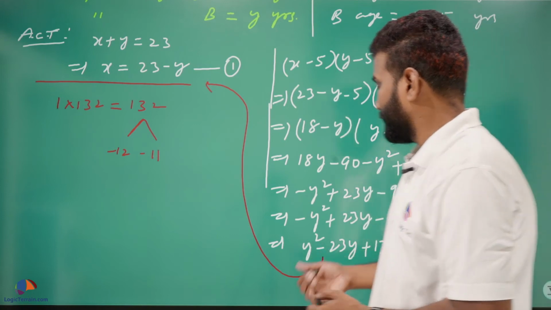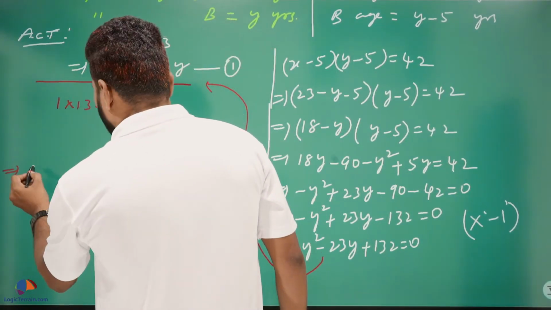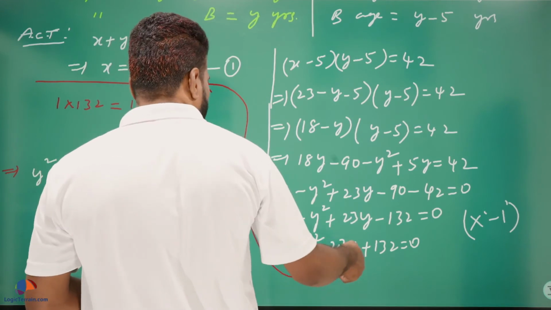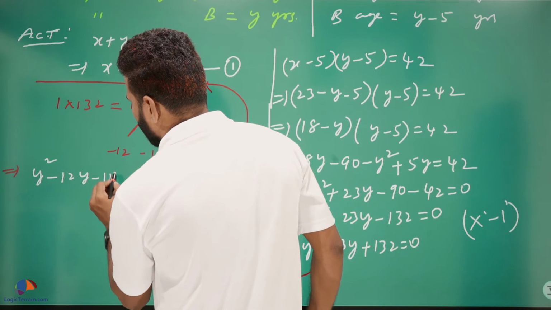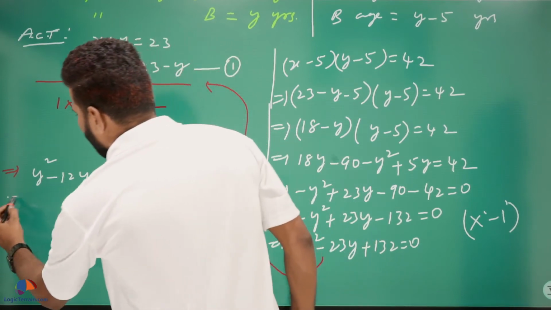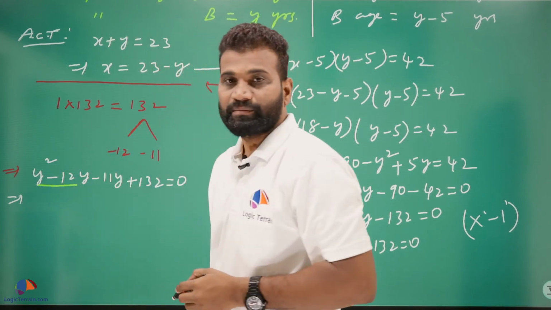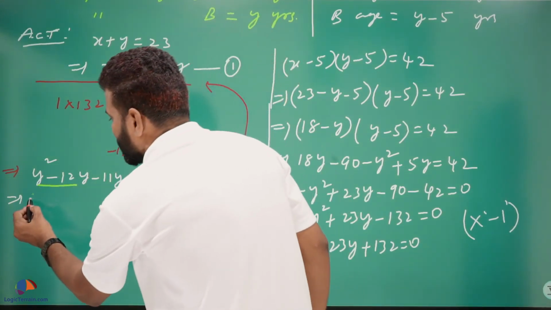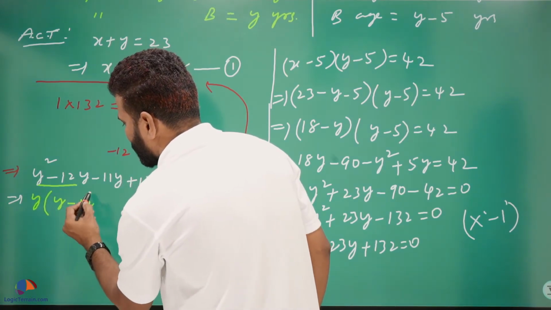So we'll rewrite this. Y square, now negative 23 is split into negative 12Y, negative 11Y, plus 132 is equal to 0. So further, from these two terms we'll take Y common. Y common, here we are left with Y, here we are left with negative 12.